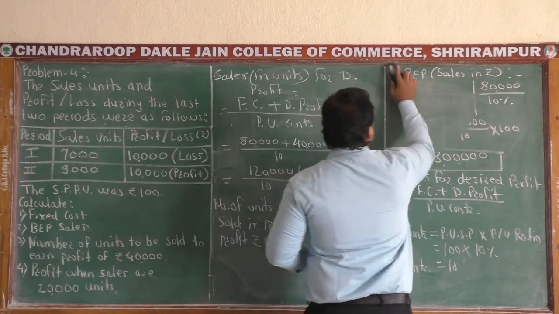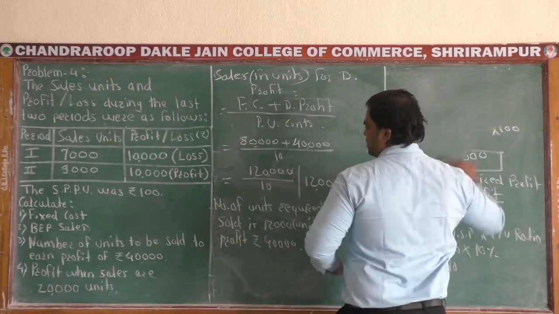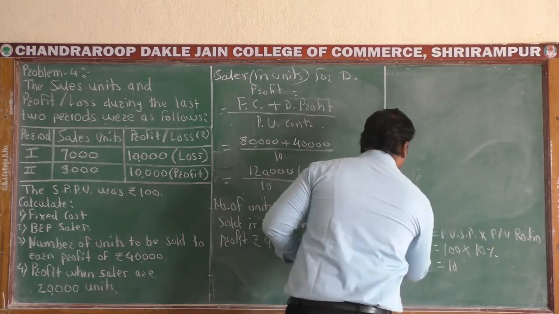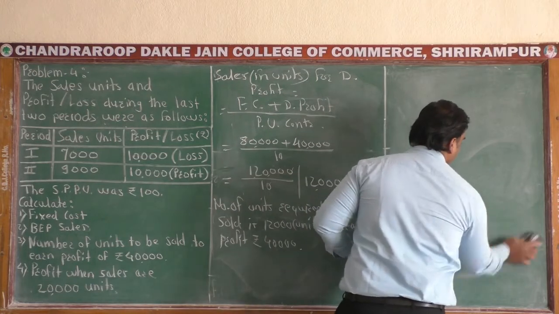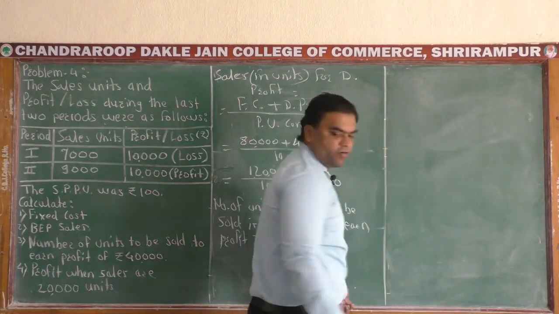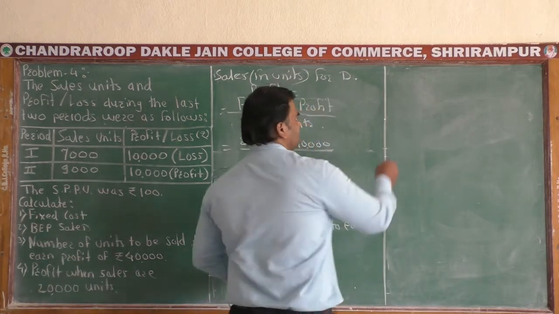So the last item, the amount of profit when sales are 20,000 units. What will be the amount of profit when sales are 20,000 units?